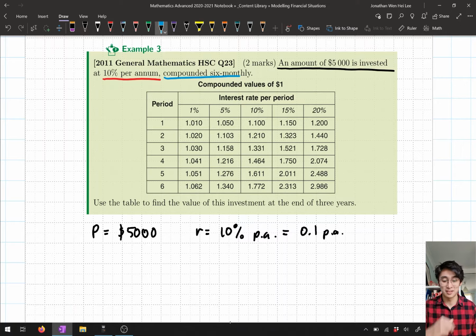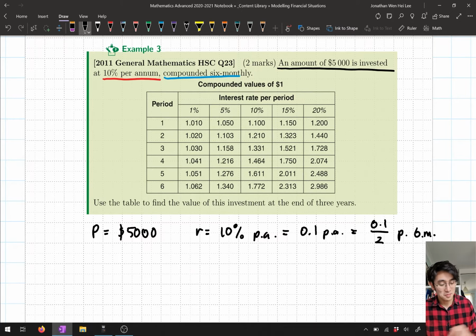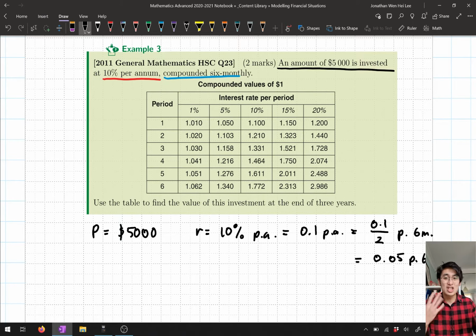There are 2 lots of 6 months in a year, so 0.1 divided by 2 per 6 months gives me 0.05 per 6 months. That's me adjusting the interest rate to match up with my compounding period.